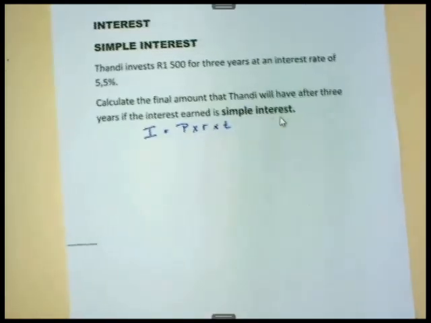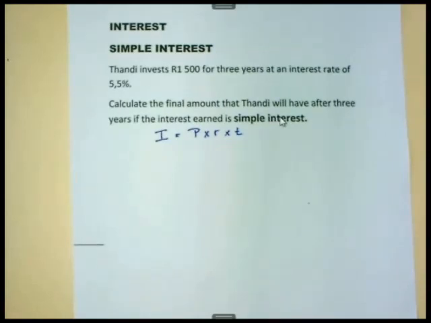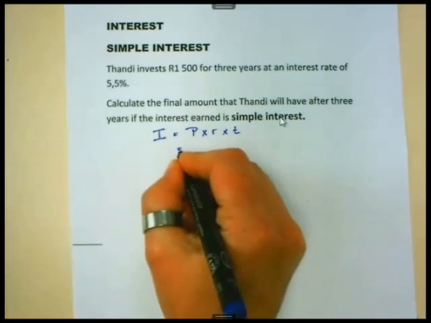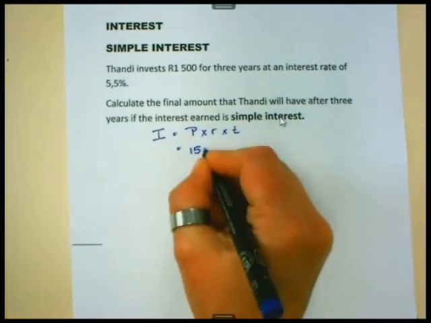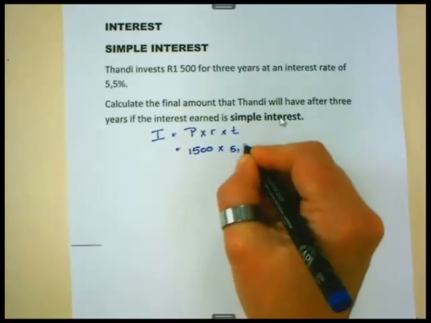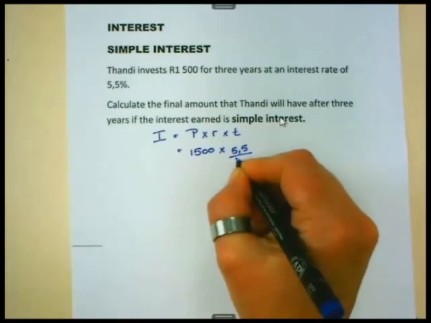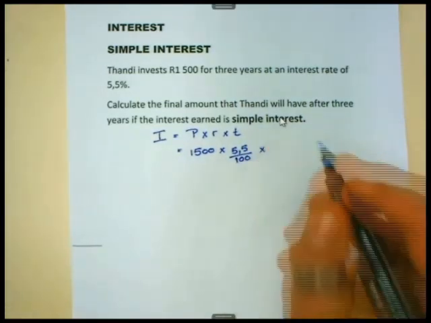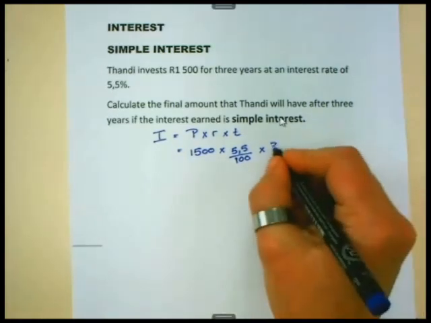To calculate the total interest that Tandi is going to get, it's going to be the principal amount of 1,500 times the interest rate of 5.5%, and remember that percent means divide by 100, times the time period of 3 years.